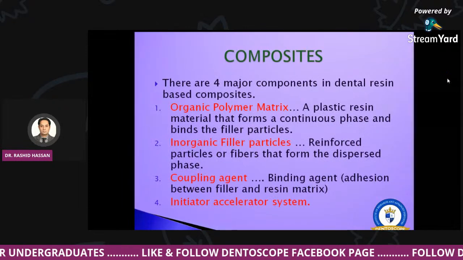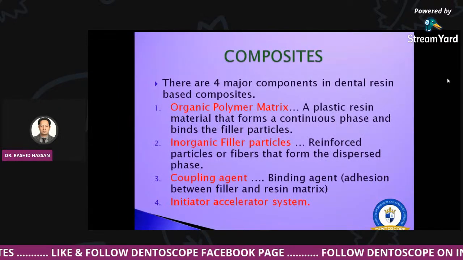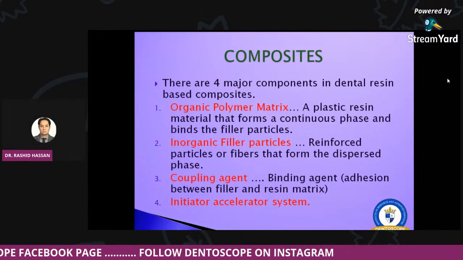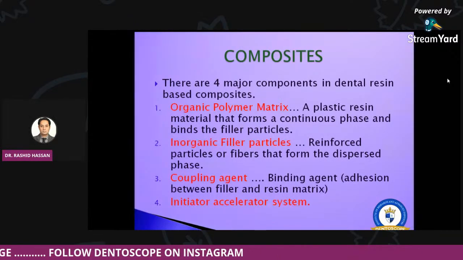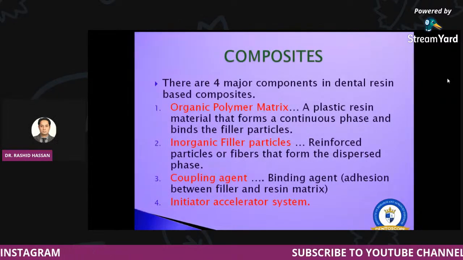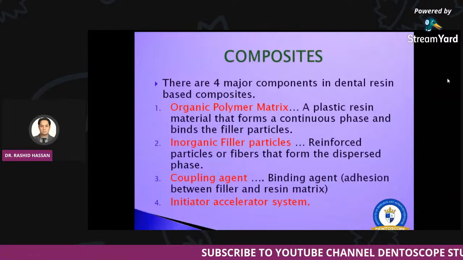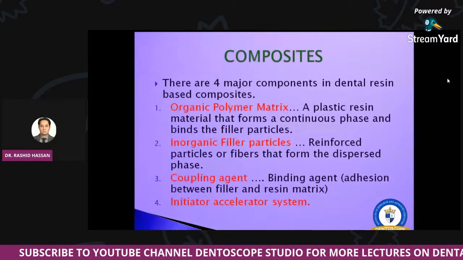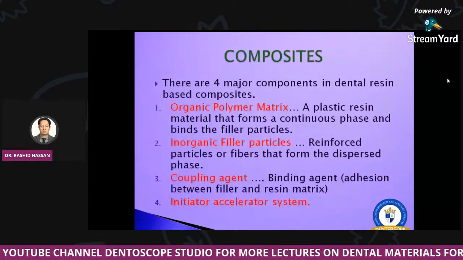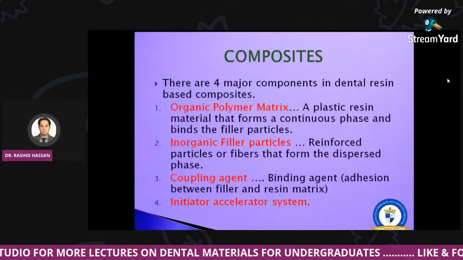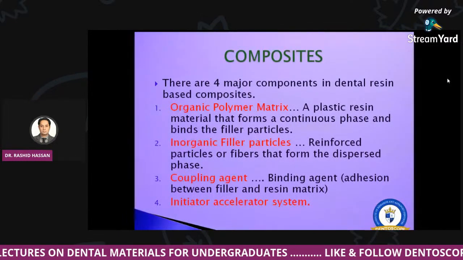Well, now talking about the composition of dental composites, this is a very important short essay question which is asked in the exam. So keep in mind that there are four major components of dental composites. I'll talk about them one by one. The four components are basically organic polymer matrix, inorganic filler particles, coupling agent, and initiator activator system.